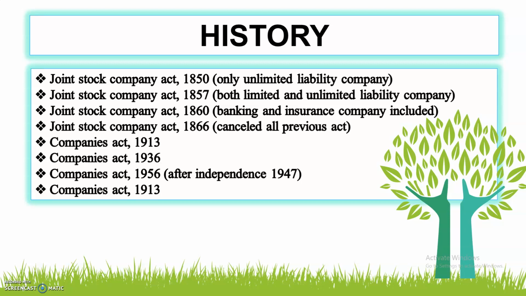Then again it was corrected in 1936. Then the Companies Act 1956 was enacted after independence. Then the last and the current amendment took place on Companies Act 1930. And if I talk about the completely recent amendment, it took place in 2020 because of the COVID situation and other things.